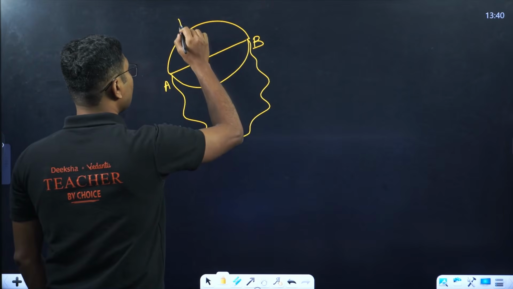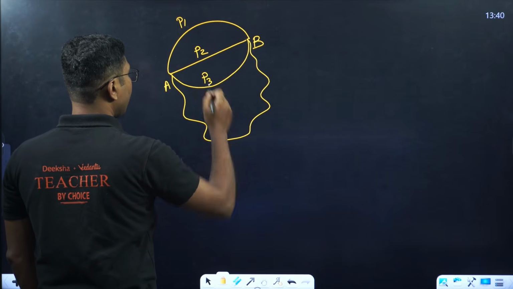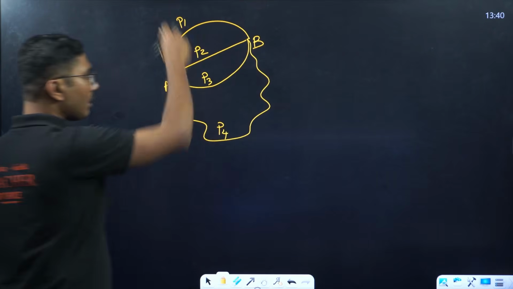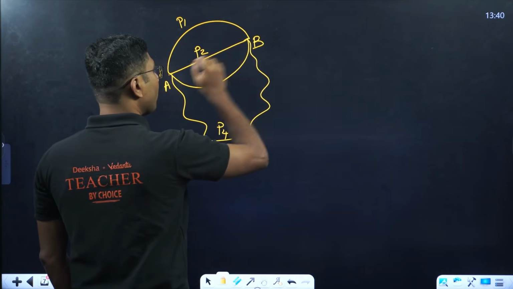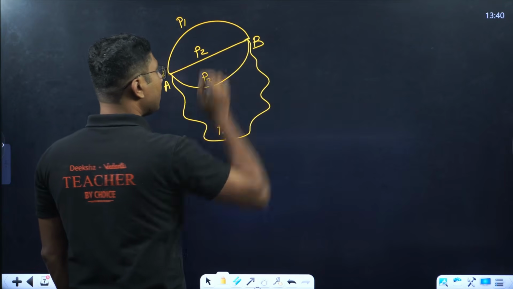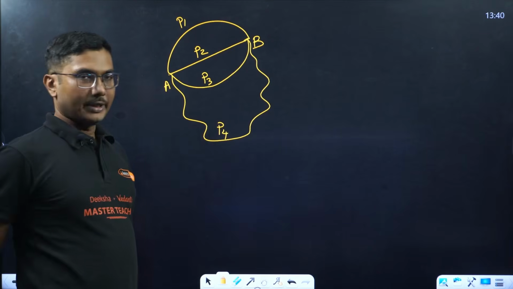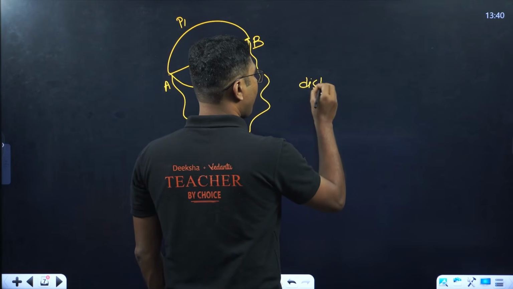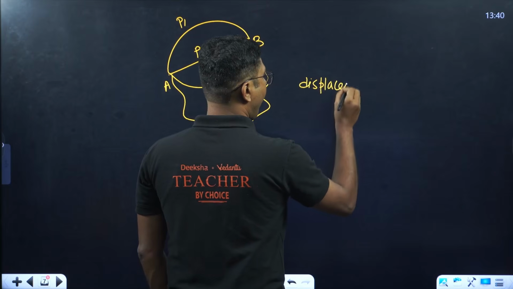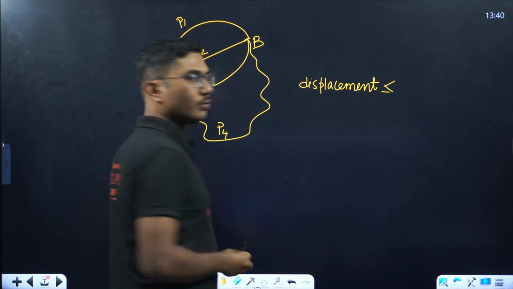Say path lengths P1, P2, P3, P4. Now as you can see, only along this straight line, if you are going from A to B, the path length is exactly equal to the displacement. So displacement is always less than or equal to path length.